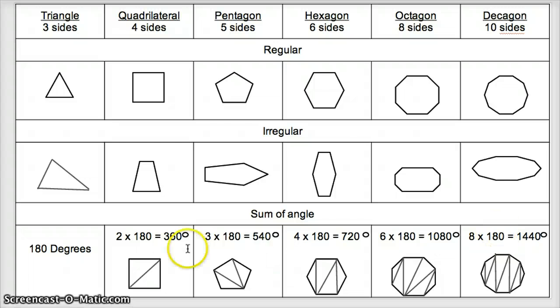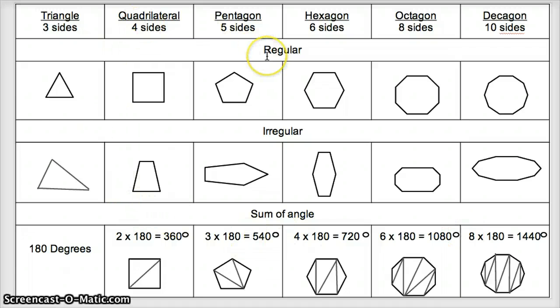If you look at the sum of angles, you can see a pattern. Look at the sides and what we're multiplying by 180. In this case, we have 4 sides that we're multiplying by 2. We have 5 sides that we're multiplying by 3. We have 6 sides that we're multiplying by 4. 8 sides that we're multiplying by 6. 10 sides that we're multiplying by 8.